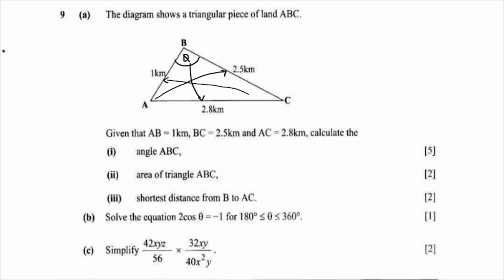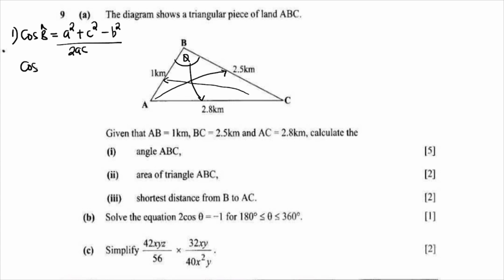We are going to use the cosine rule because the sine rule cannot work in this case. So therefore, we shall say that cos B, because the angle is at B, is equal to a squared plus c squared minus b squared over 2ac.